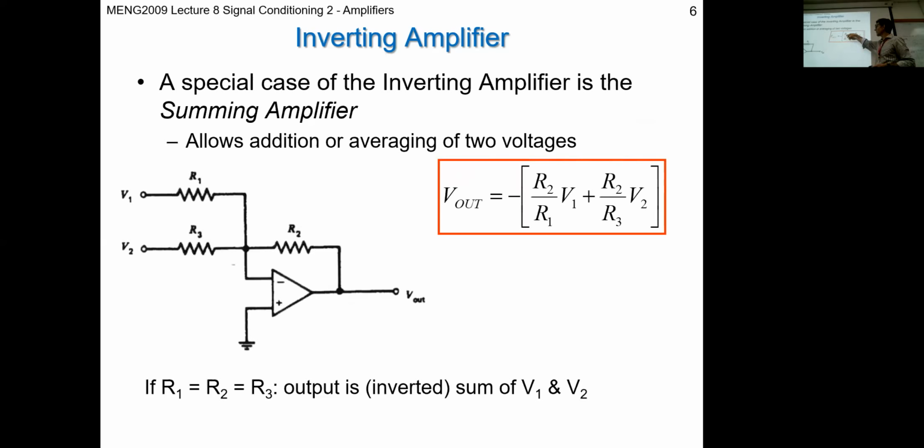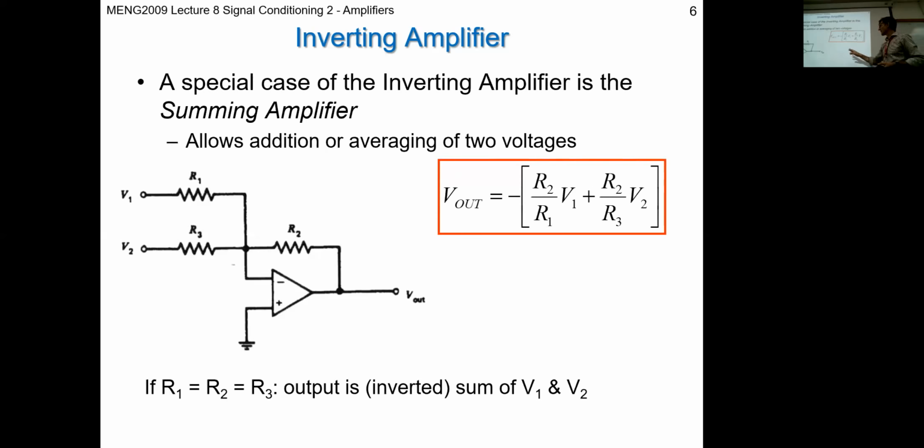So if we take V1 as our input, in this case, you want the gain R2 upon R1 of 3.4. And this V2, we can make a constant 5 volts. But we want a unity gain, right? R2 upon R3 has to be 1, right?